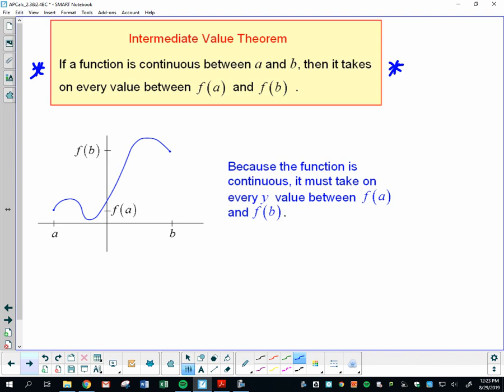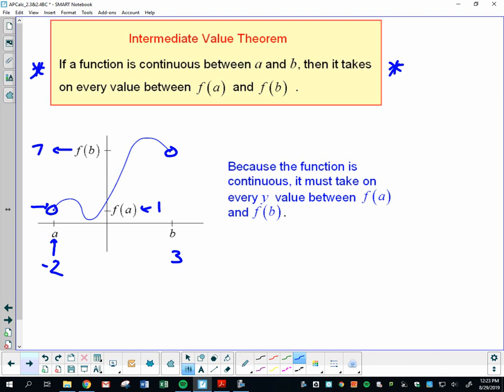Another quick example. If I tell you a function is continuous, and I'm going to put numbers here for a and b, let's say this is -2, and let's say this is 3. And at the beginning, it hits a low value of f of a, which I'll assign a number of 1. And let's say it hits a high value at the other endpoint. Remember, these are the endpoints, of 7.